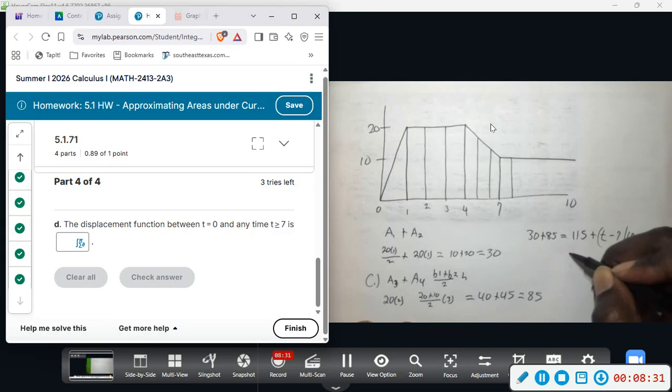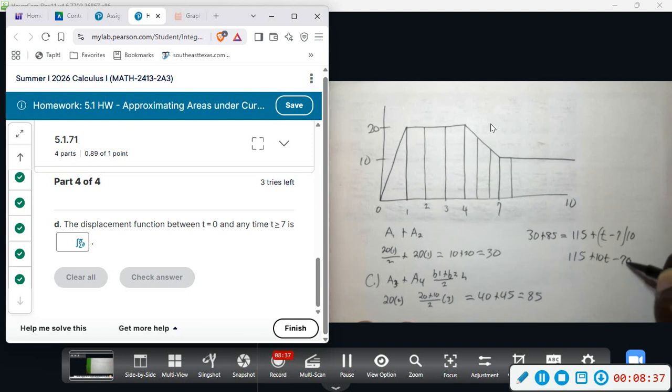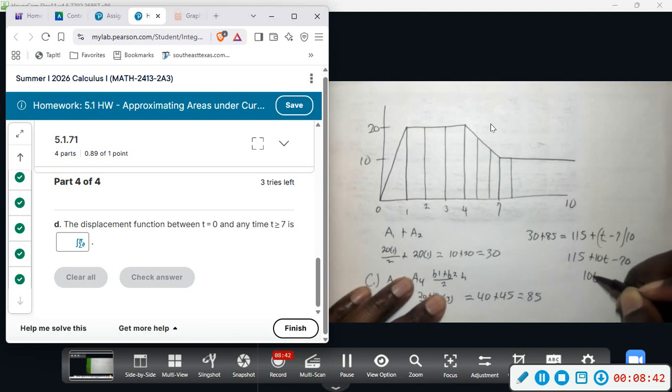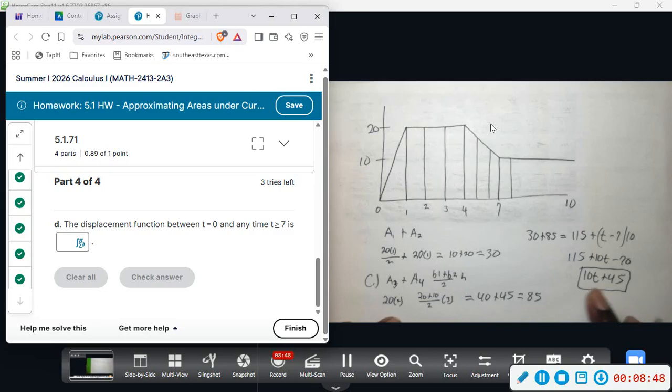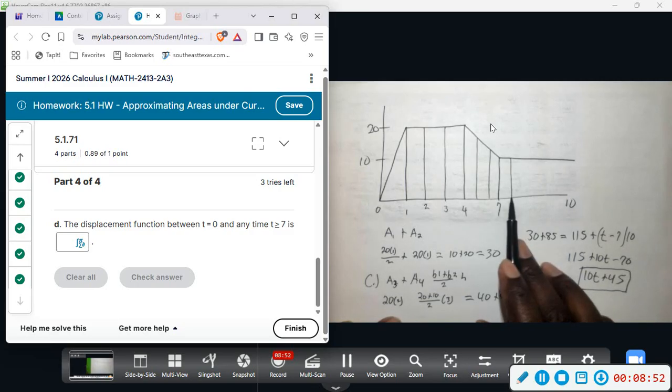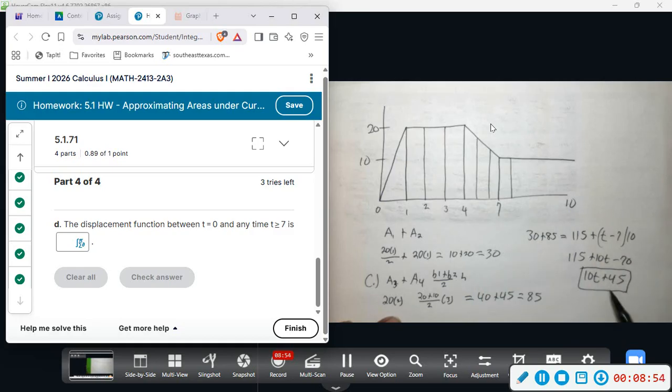So 115 plus 10t minus 70. So 10t plus 45 should get us a formula that, no matter what we plug in, gives us the displacement when the time is greater than 7. So we're only going to use numbers greater than 7 for this one. If we go back to where we started, this was 115.